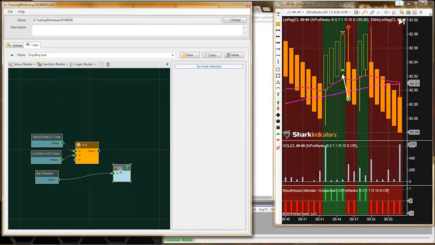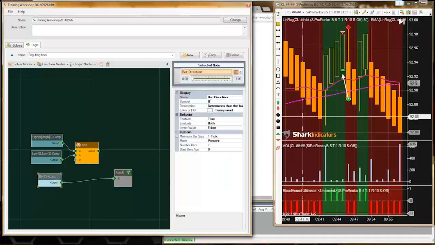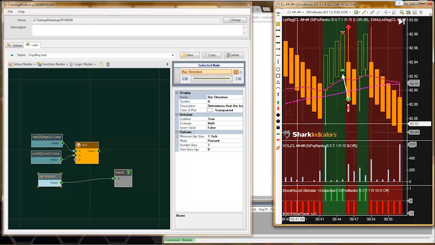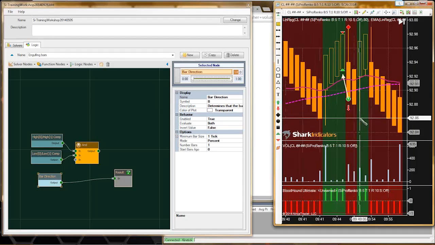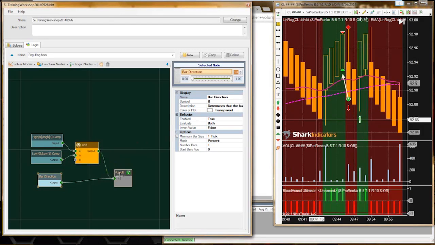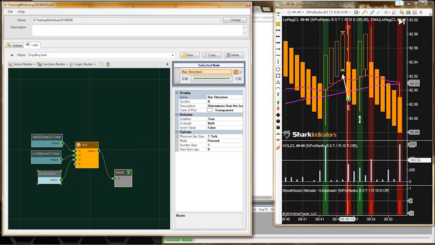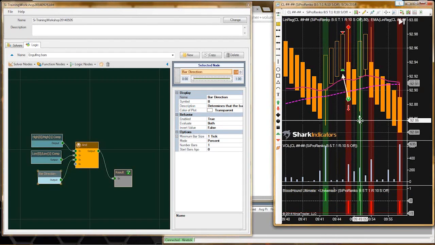If we take a look at this bar direction solver, we can see that on this down bar we're getting just a short output only, and on these up bars we're getting a long output only. So as we plug that in, presto, now we can see our signals are nice and clean, like so.